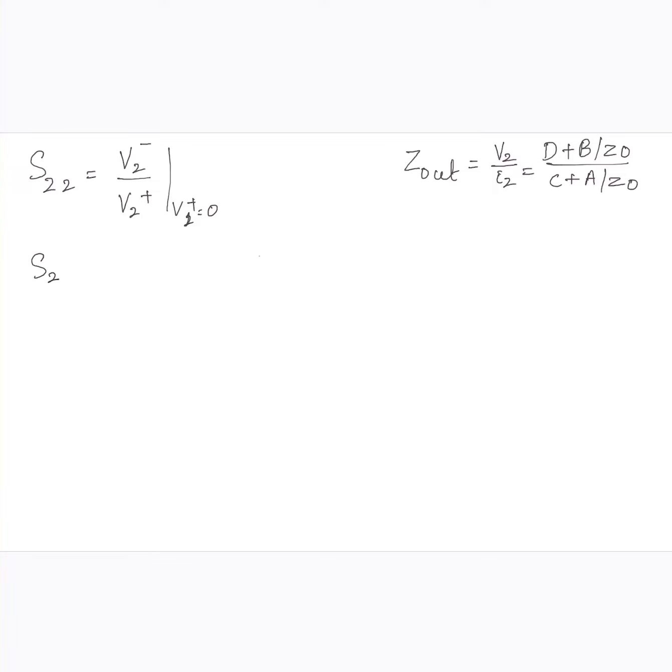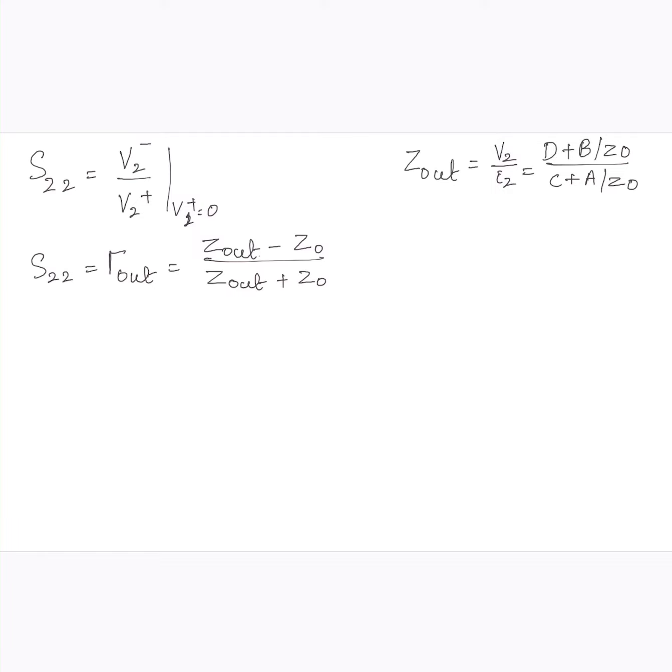Now S22 is given by the general formula because it is the output reflection coefficient. This can be written as Z out minus Z naught divided by Z out plus Z naught.